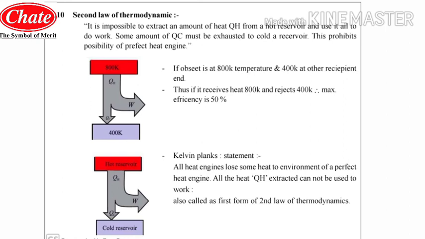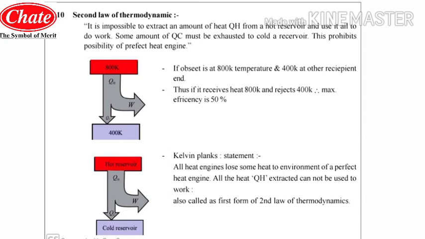So if it receives heat at 800 Kelvin and rejects at 400 Kelvin, then the maximum efficiency is 50%, as the amount of heat absorbed from the hot reservoir is exactly double that of the cold. Means the amount of heat at the cold reservoir is exactly half that received from the hot reservoir. So we can say that the efficiency is 50%.